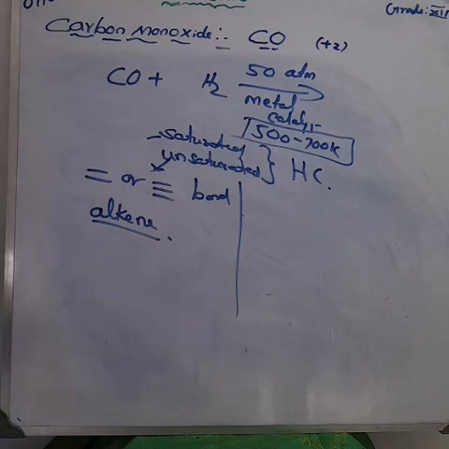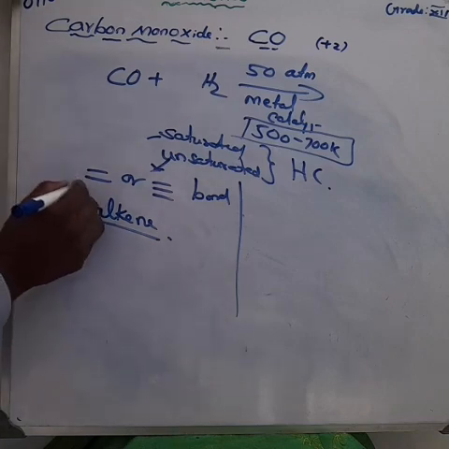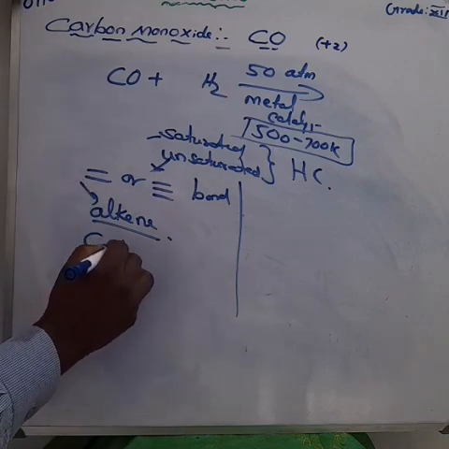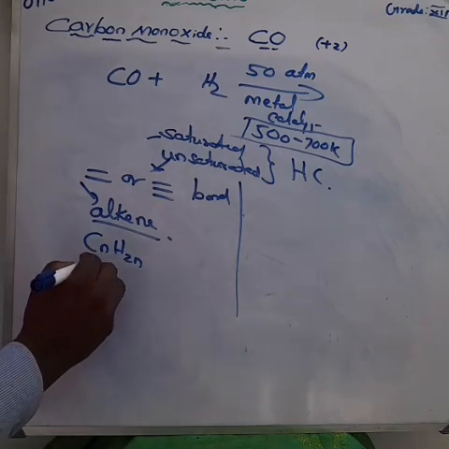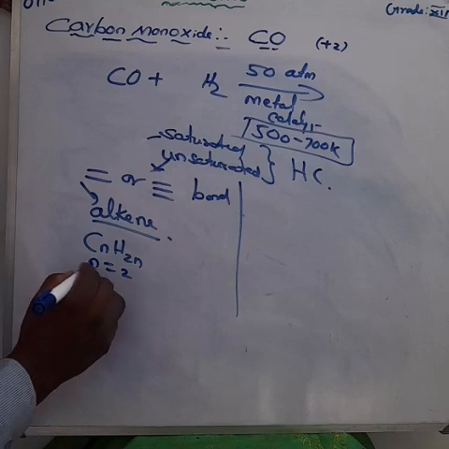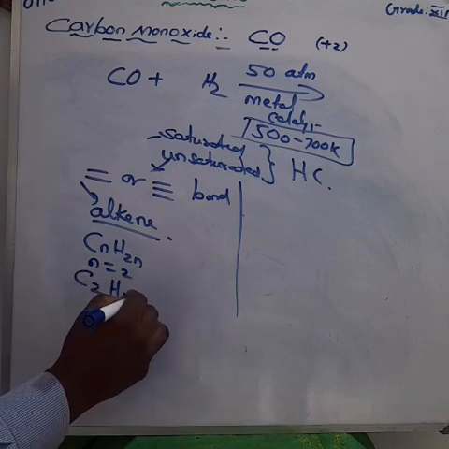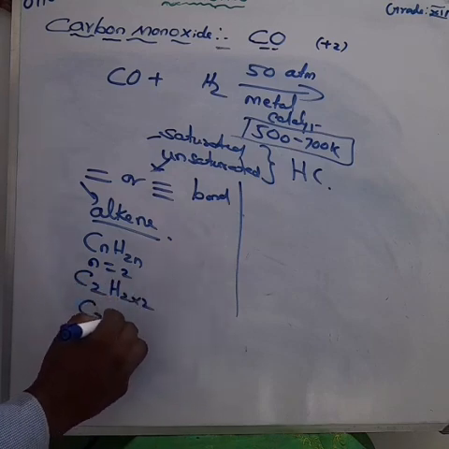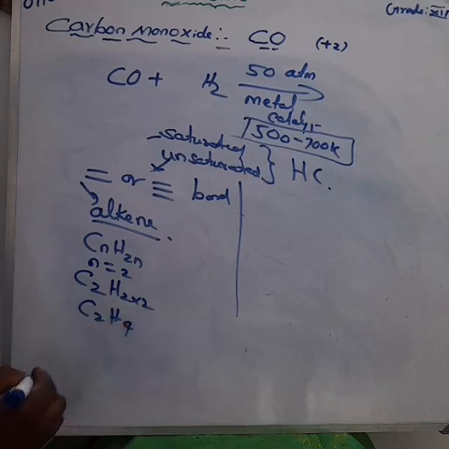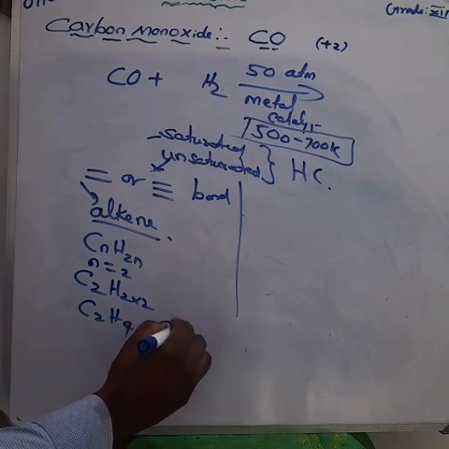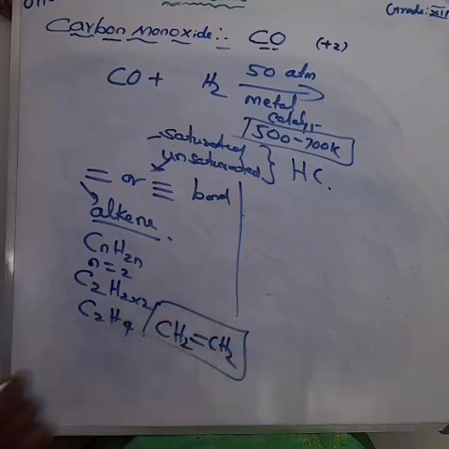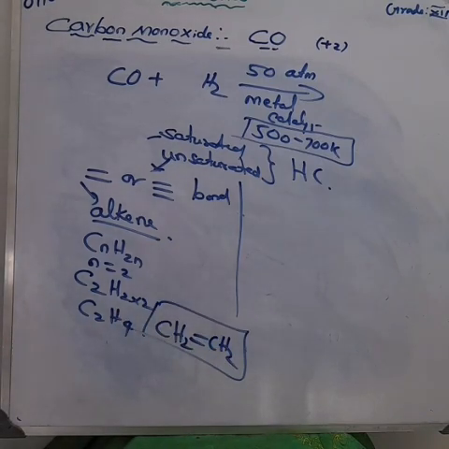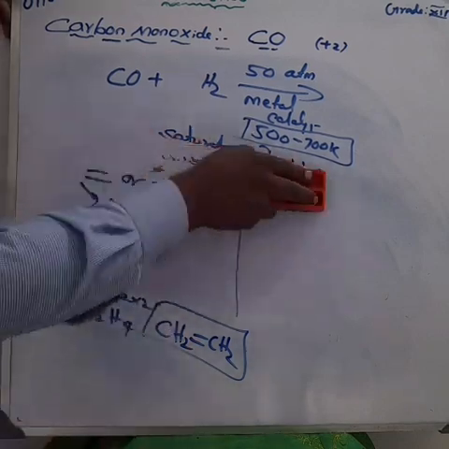The general formula is CnH2n. For n equals 2, we get C2H4, alkene. We already learned this in the 10th grade, so you have to recall this.